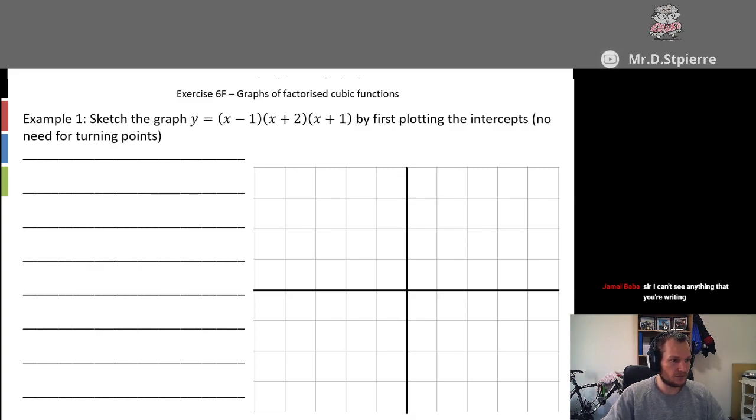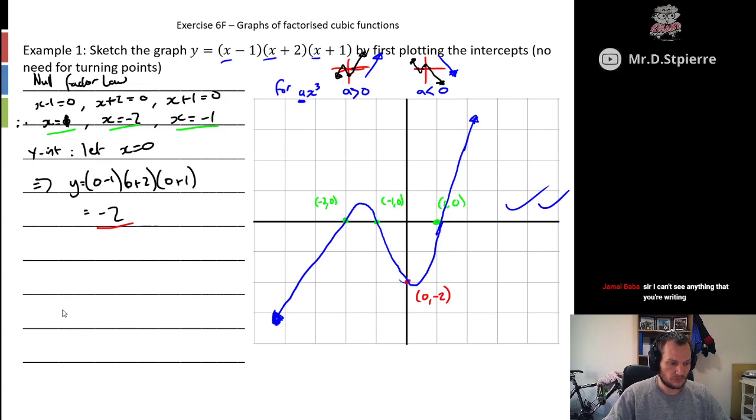And Jamal's just given me a comment saying that he can't see any of the stuff I'm writing. That is really annoying. Let's see if I can fix that. Okay. That's now appeared on my screen.